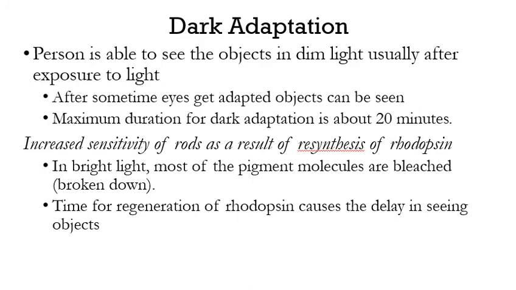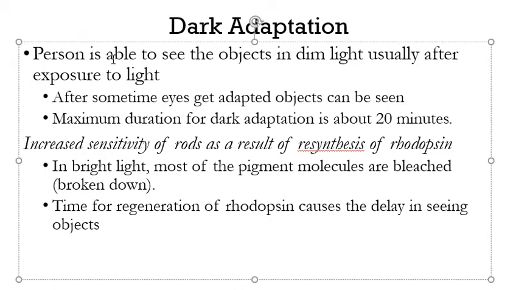A re-emphasis on dark adaptation. So what happens when a person is supposed to start seeing in dim light? Persons are able to see objects in dim light usually after exposure to light. After some time, you see that they get adapted. Or the correct way to put this is that persons are not able to see.